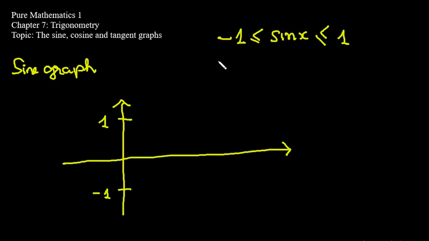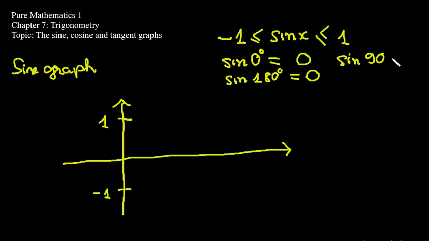So first of all, you know that the sine of 0 degrees equals 0, and you also know that the sine of 180 degrees equals 0. These things you can use your calculator to find out. Then you have the sine of 90 degrees equal to 1, and the sine of 270 degrees equal to minus 1.